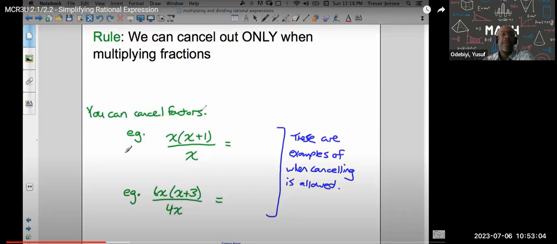So that's pretty straightforward. I can only cancel out this x and this x, right? Because this x is multiplying everything in this bracket. I can't cancel out anything that's inside this bracket here. I can only cancel out what's outside the bracket that matches what's in the bottom. Okay, over here I can cancel out this x, and I can cancel out this x, right?